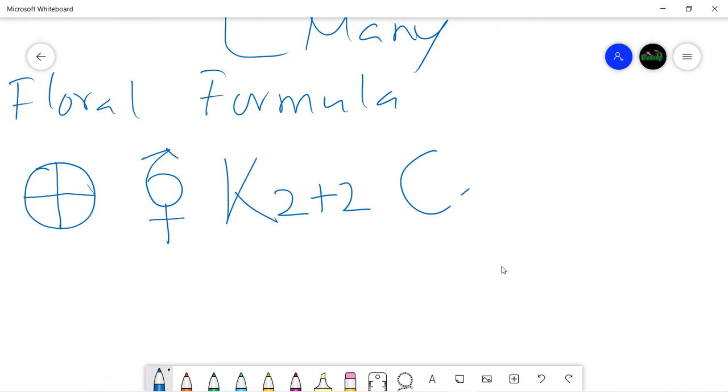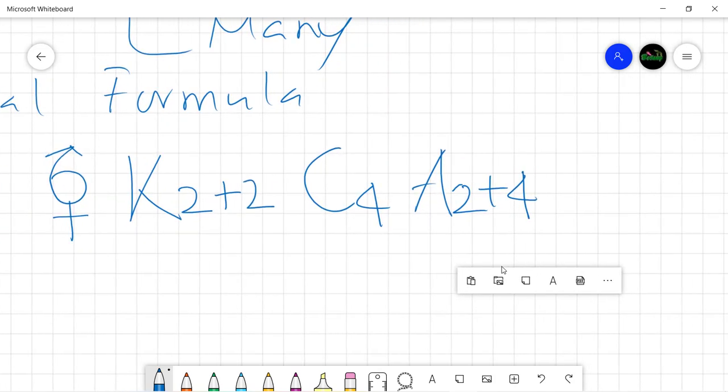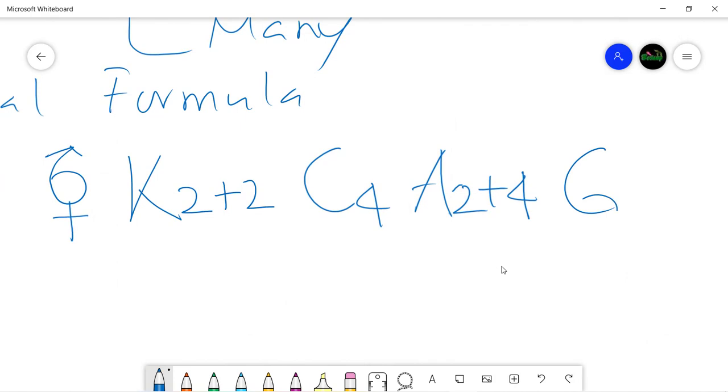C 4, and A, we have 2 plus 4. Two outer stamens which are short and four inner stamens which are longer. And finally G, the gynoecium, which is 2, and it is bicarpellary syncarpous, and the ovary is superior. When ovary is superior, the line is drawn below the G, the symbol of the ovary.